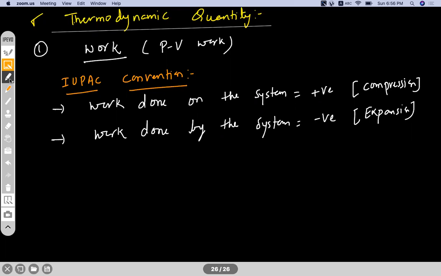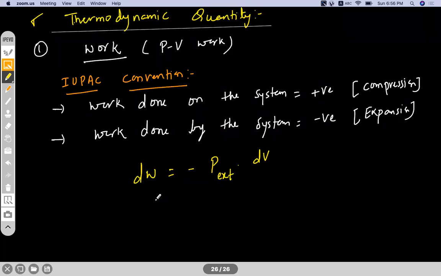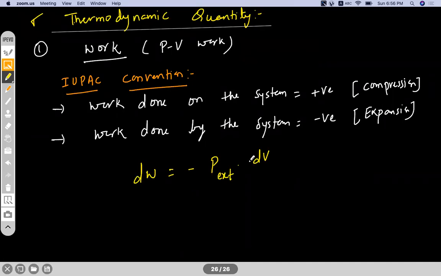The general work done formula we have is dW equals minus P external into dV. This is the general formula we have for all processes. The expression of work done we always get from this particular formula. For each process we just apply the condition of that process and we get the expression of work done from there.